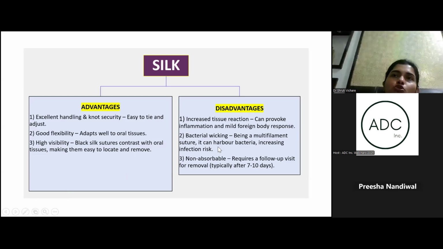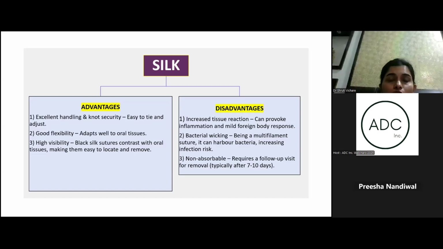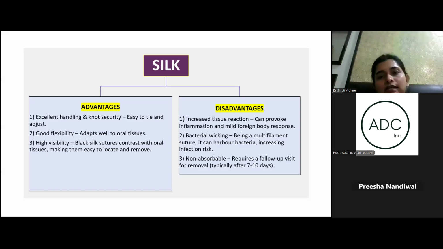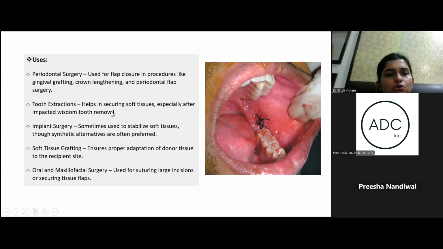So the tendency of these sutures to draw tissue fluid is more, and likewise, introduction of the bacteria to the wound area is more, right? And all the more they are multifilament also. So in the interstices and in the crevices, you can expect bacterial harboring. Okay. Now coming to they are non-absorbable, so they require follow-up removal. Correct. So these are the various uses.